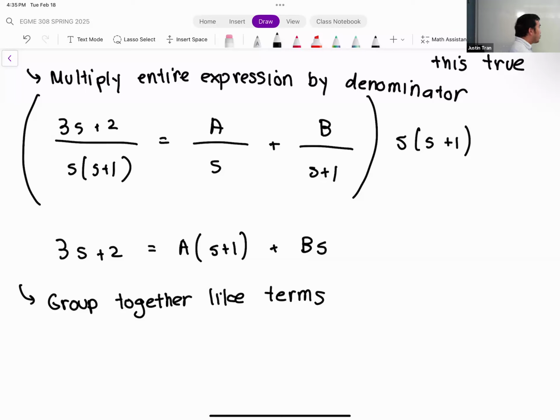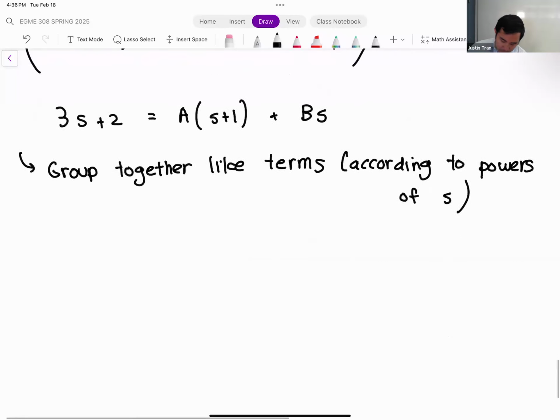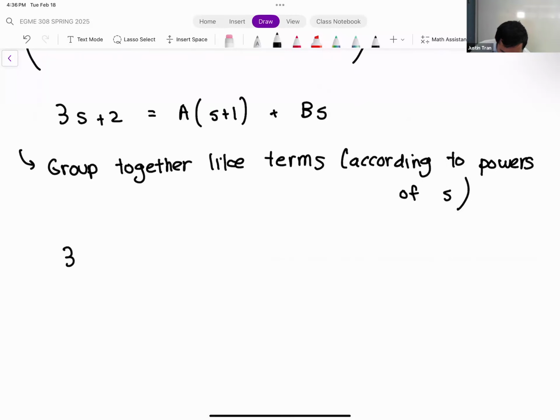And we're going to group together like terms in terms of the powers of s that they're multiplied. Okay. All right. So on the left-hand side, that is already sorted. So we have 3s plus 2. Okay. On the right-hand side, we're going to look at all the terms that are multiplied by s.